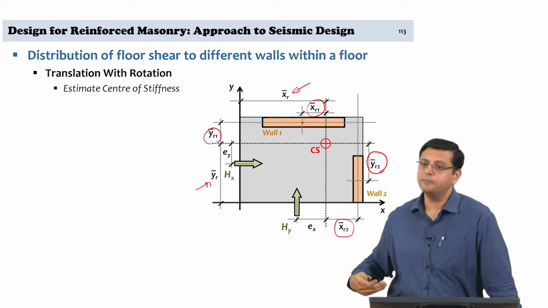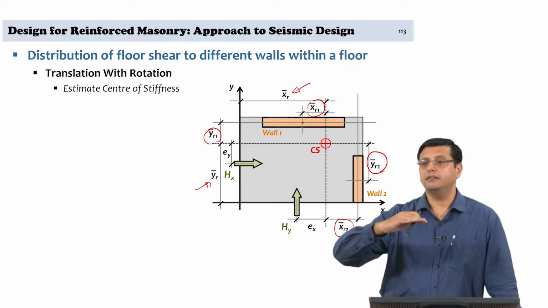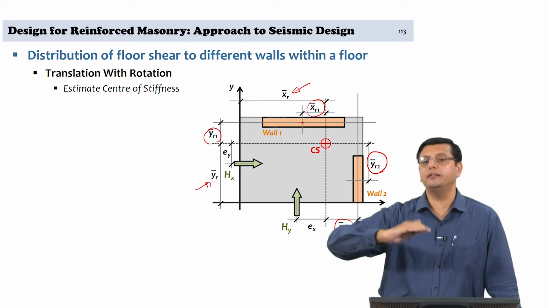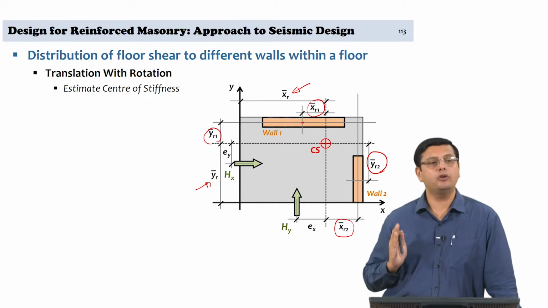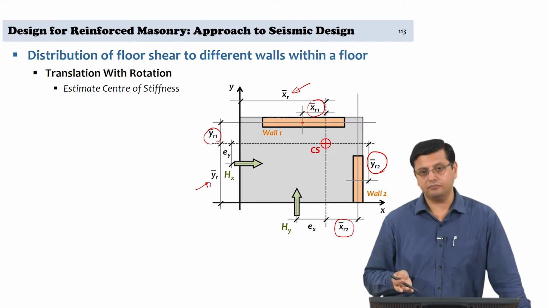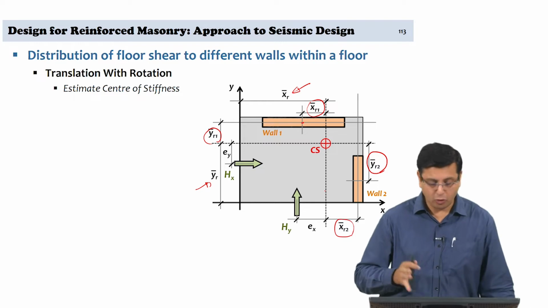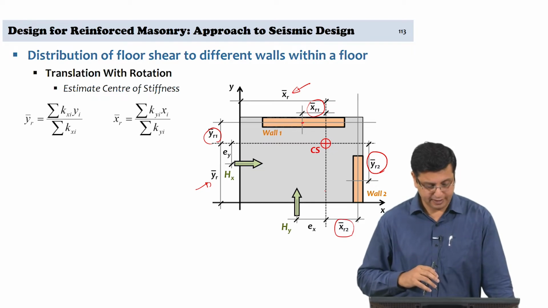Similarly, when the earthquake force is acting in the y direction, I am not going to consider the resistance coming from wall 2 in the out of plane direction, but only the in plane resistance of wall 2. That is one little assumption that we make on the conservative side for most plan configurations. We will stick to that assumption here.